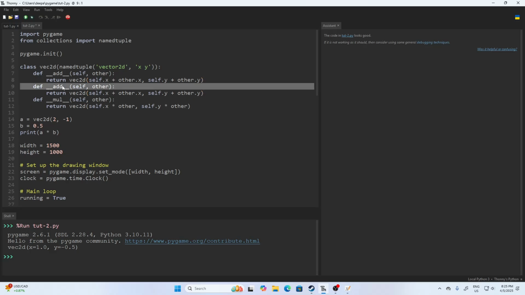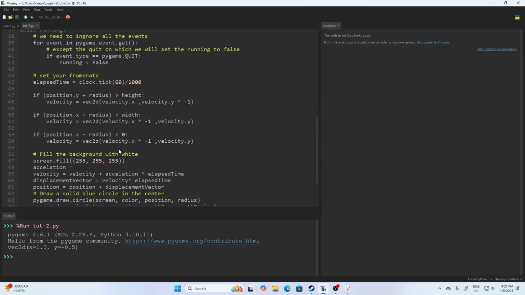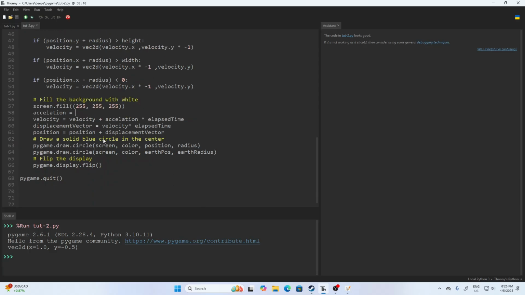We'll call it sub, most likely. Let's try if that is the case, okay? And then this is going to be minus, and this is going to be minus. Now we should be able to use the minus operator, and acceleration is going to be equal to earth minus the position of the moon, okay?